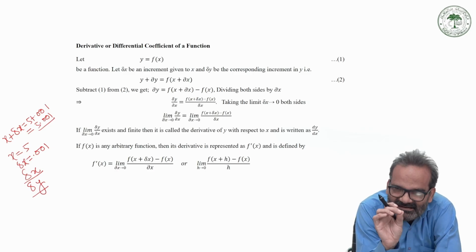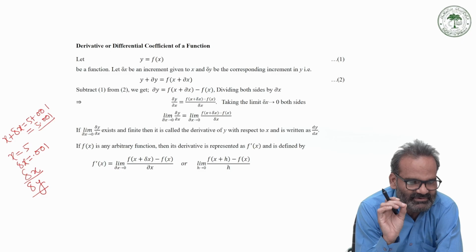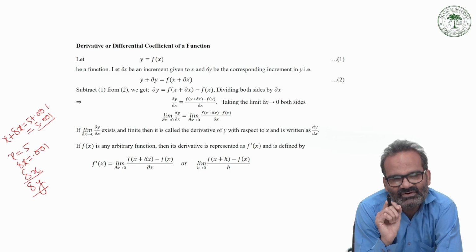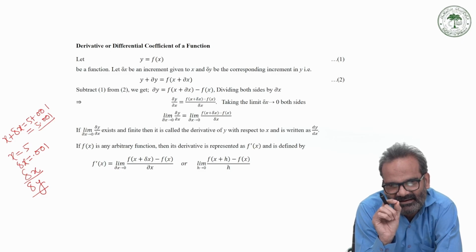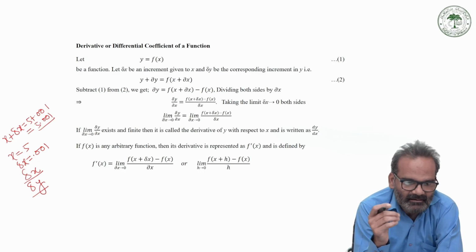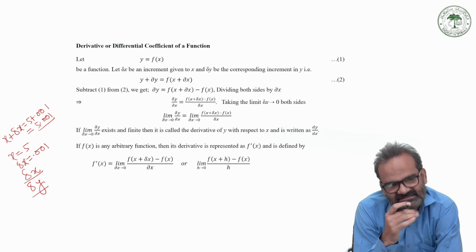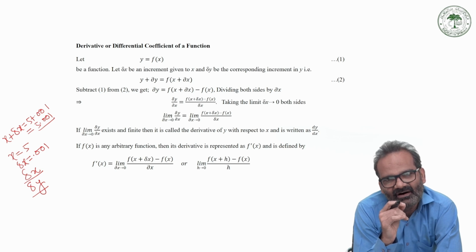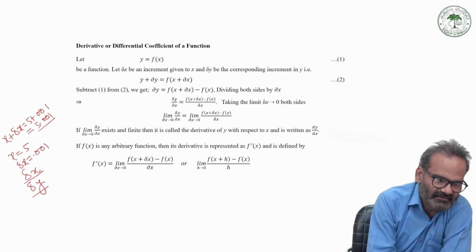Likewise, delta y is a very small change in y. So delta x simply refers to a very small change, a very small increment. Increment means addition. So delta y simply represents a very small change in y, as explained here, right?